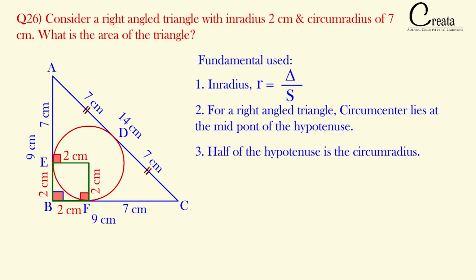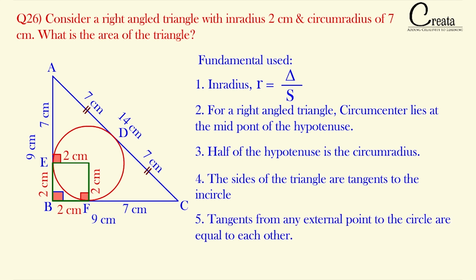The next is, the sides of the triangle act as tangents to the incircle. The next is, the tangents from any external point toward a circle are equal to each other. Further, we have used the fundamental that the inradius is perpendicular to the sides of the triangle. So based on these fundamentals, we have solved the question.